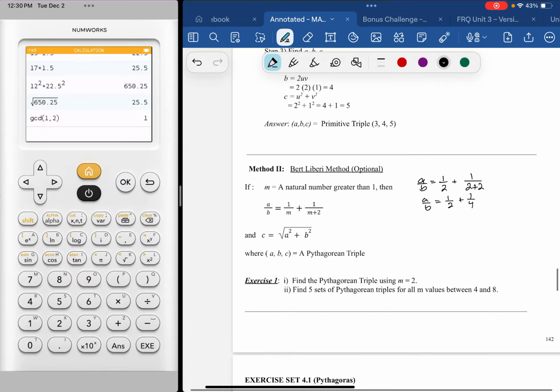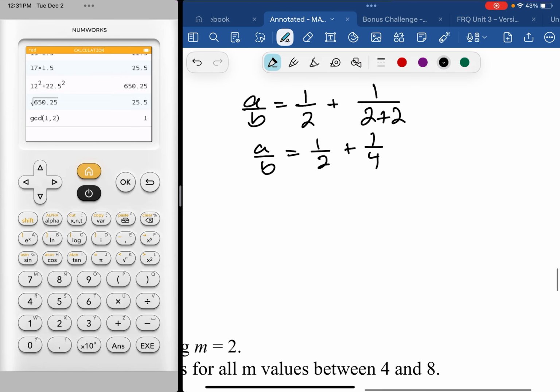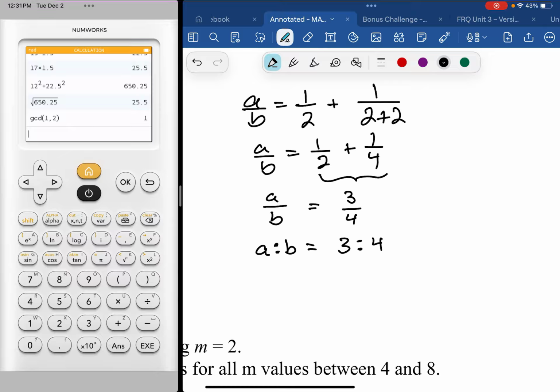So I have a ratio of a and b, which allows me to do a substitution if I want, but it also gives me a relationship between the value of a and the value of b. It's basically saying that a to b is equal to whatever that fraction ends up being. In this case, it's 3 over 4. So we could look at it as a to b is equal to 3 to 4, which means really any multiplier of that would work.